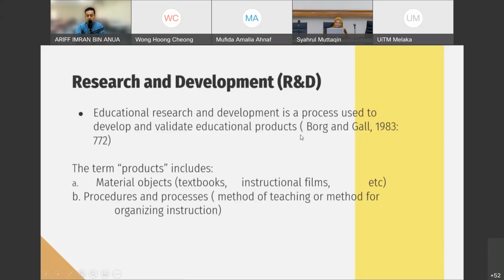The term products here can include material products and also procedures and processes. For material products, it will involve textbooks, instructional films, and so forth, or instructional materials. And for procedures and processes, it will be methods of teaching or methods of organizing the instruction.